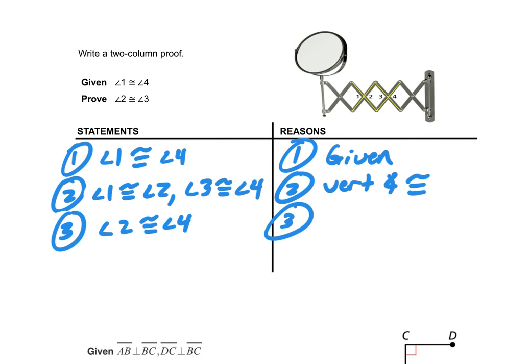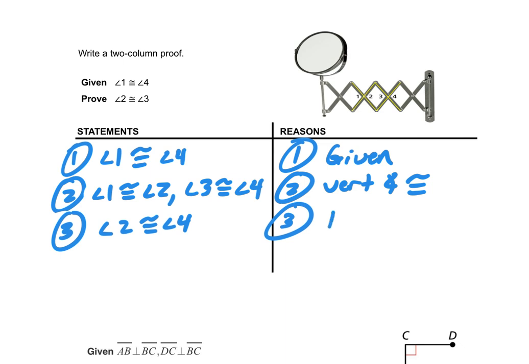Any idea on what that property is or what we're doing there? Why? What's my reason? Anybody remember what that is? When I take 2 statements and combine them together to make a third? Transitive, yeah.